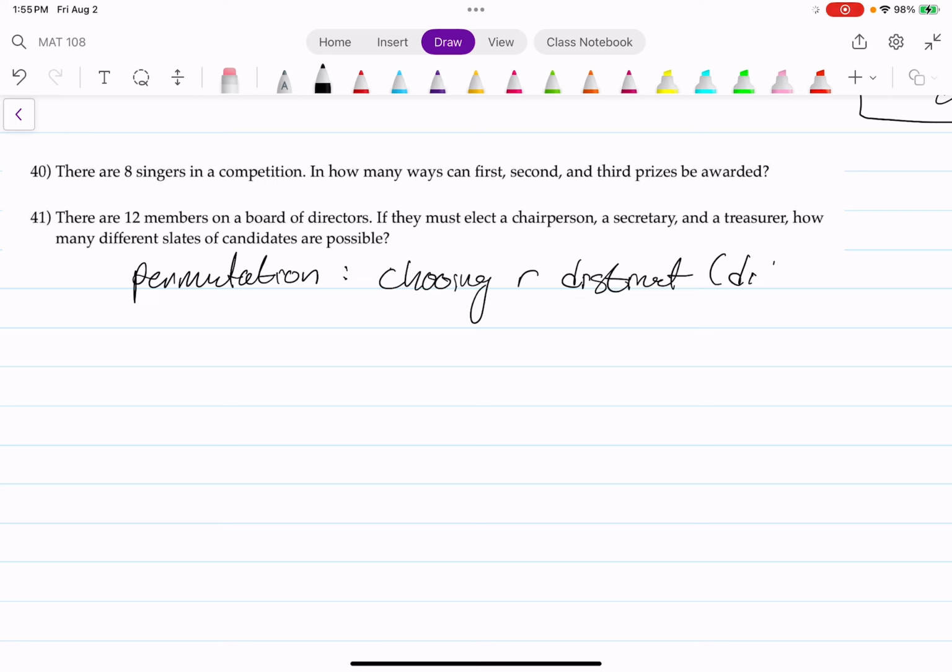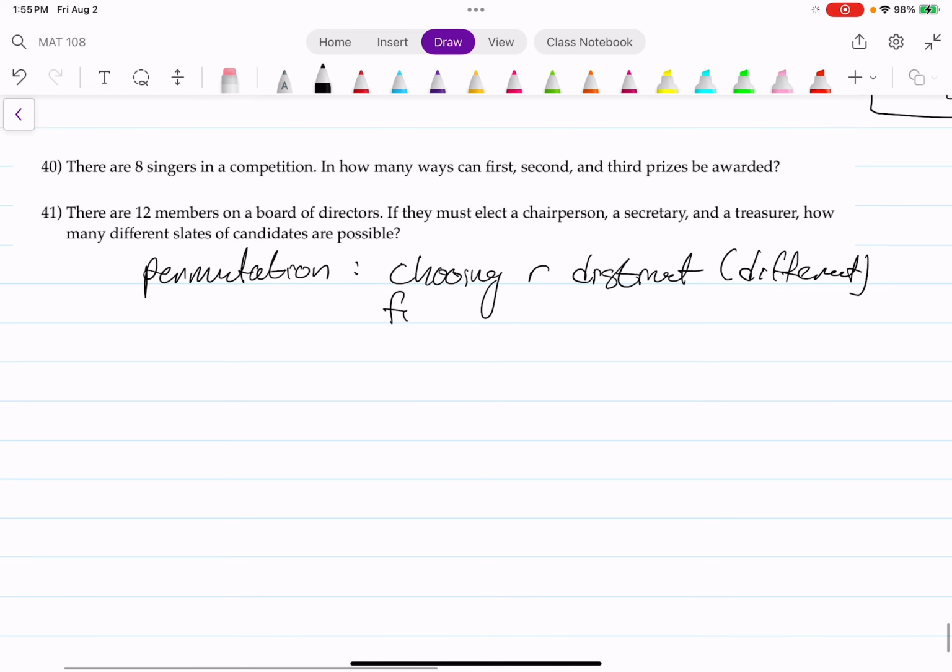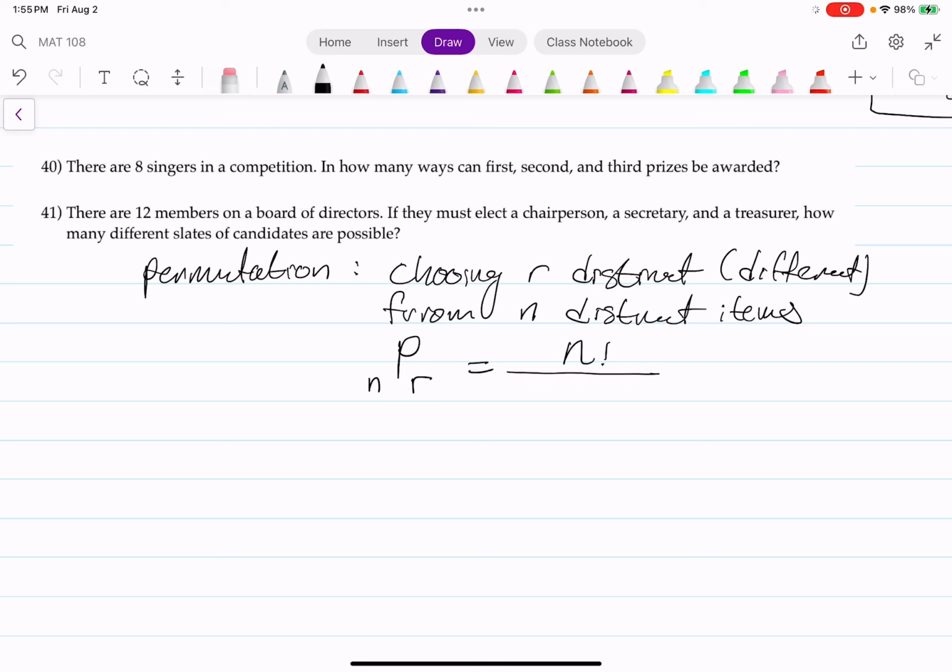Distinct means different. The permutation of n distinct items choosing r, where order matters, is n factorial divided by the quantity n minus r factorial.